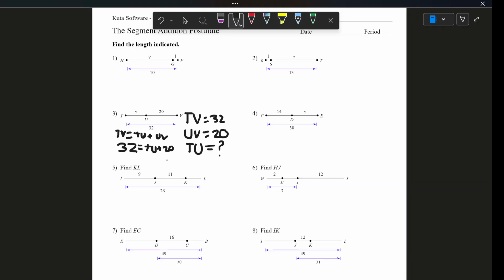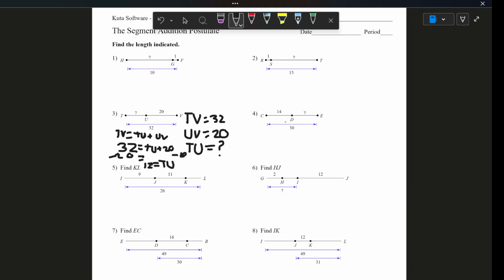Cool. Now, of course, we subtract 20 on both sides. And then we get 12 equals TU.